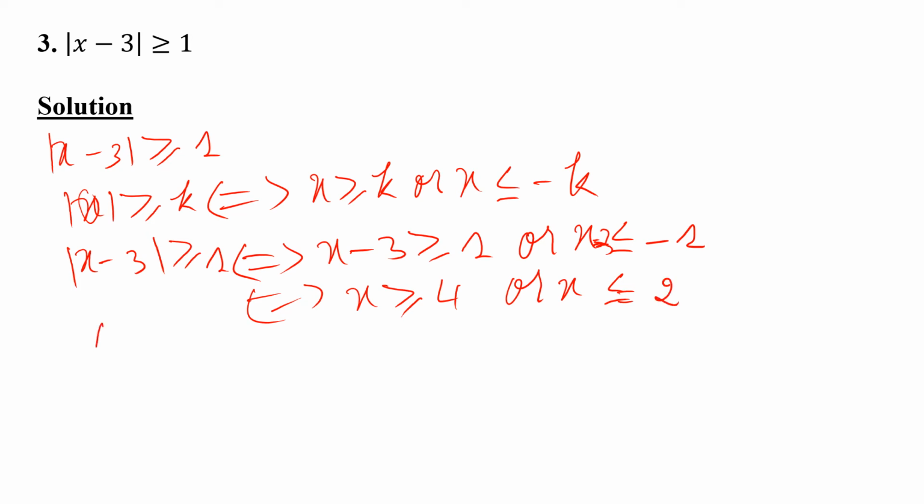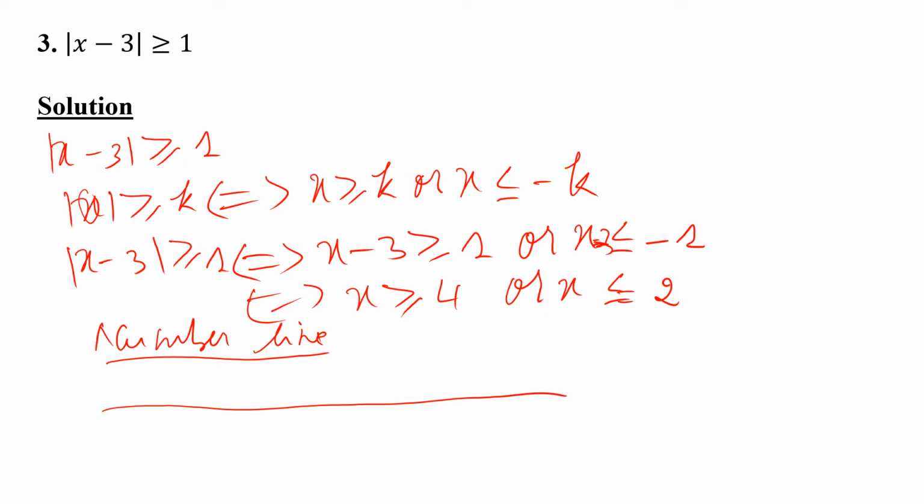We can make a number line. I will have 2, 4, have 0 here, 1, 2, 3, 4, 5, then it is plus infinity here.